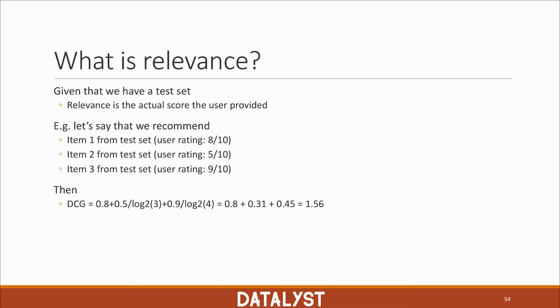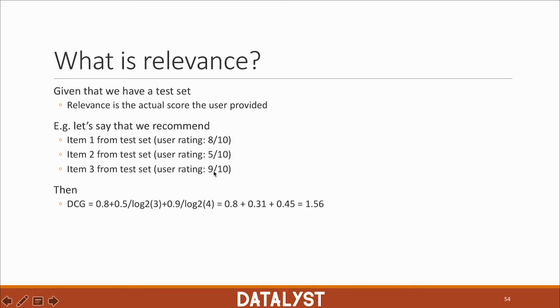We know that the user in the test set rated item 1 as 8 out of 10, item 2 as 5 out of 10, and item 3 as 9 out of 10. Then we run the formula, and as you see we have the scores here 0.8, 0.5, 0.9. However, these are discounted. So the first item gets a higher score after applying the discounting factor than item 3.